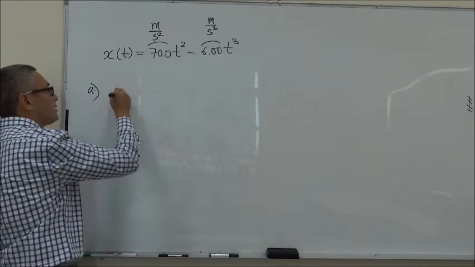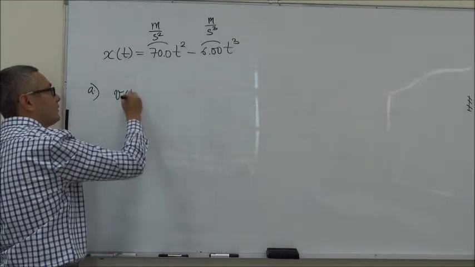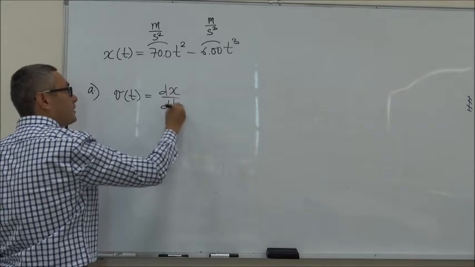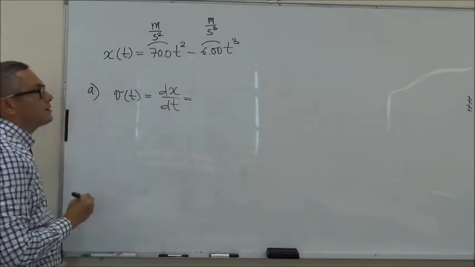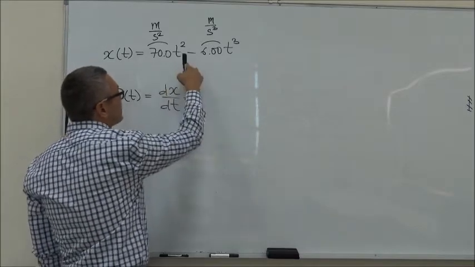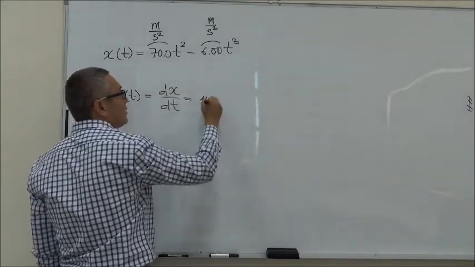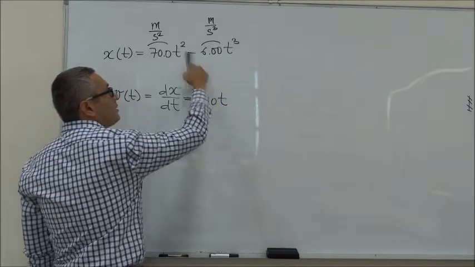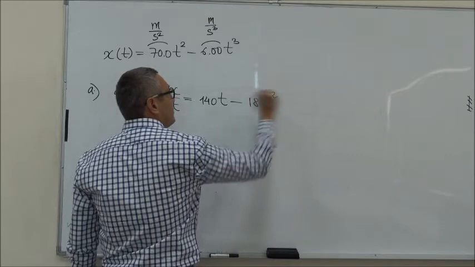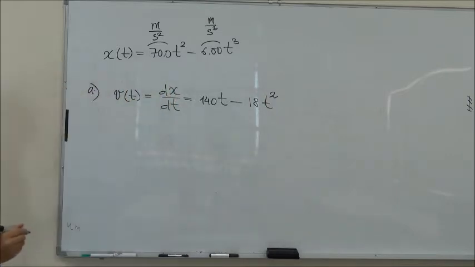Now we know that the instantaneous velocity is the first time derivative of the position, so dx/dt. So we can take a derivative of this. The derivative gives us 140t, and the derivative of the second term is minus 18t squared.